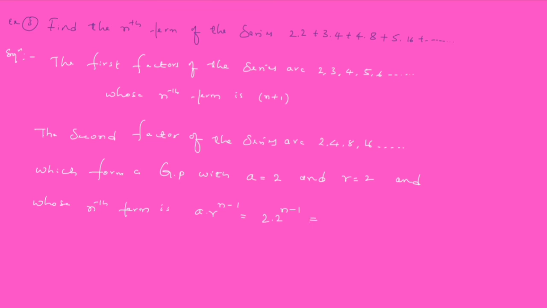What do we get here? The 1 plus n minus 1 gets cancelled, which equals 2 to the power of n.